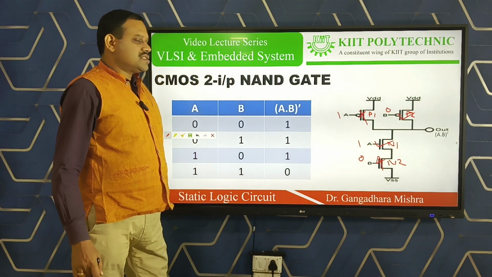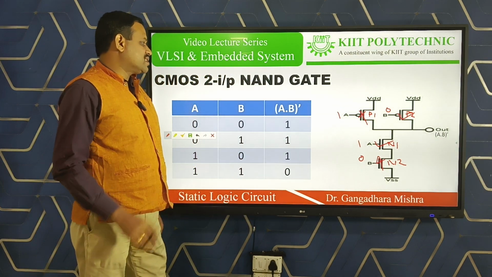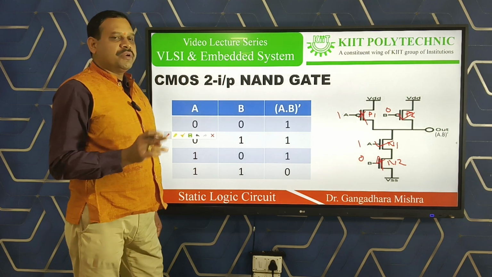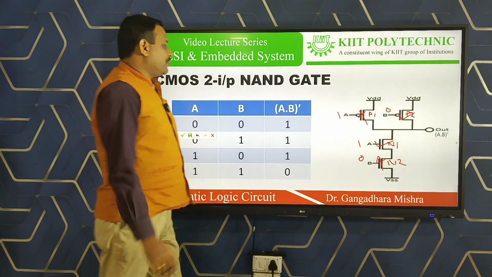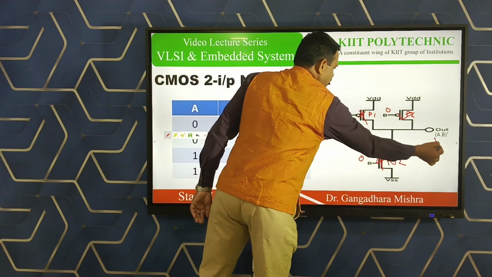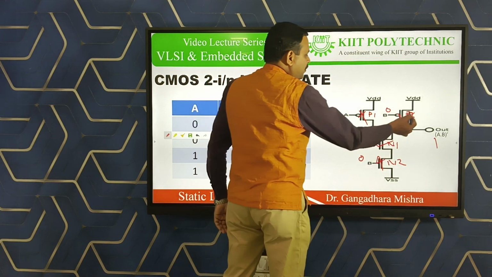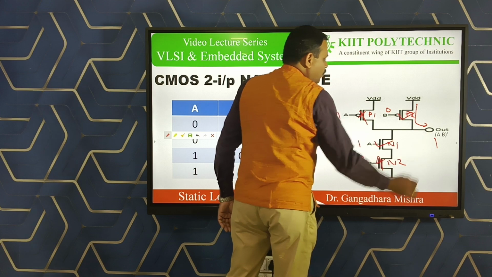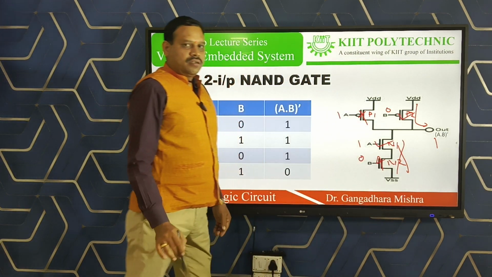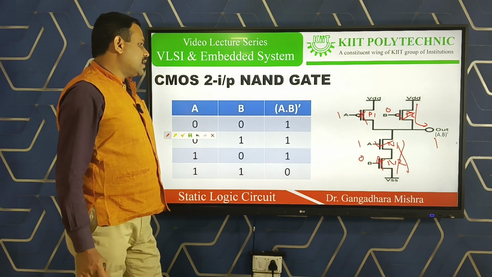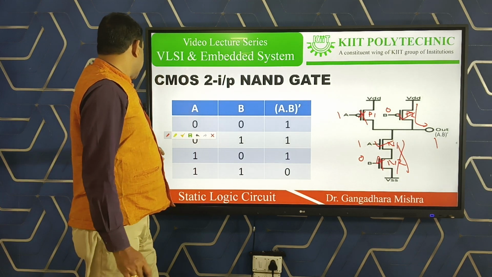Under these operating conditions, as we have seen in the previous case, the output will be driven to the positive VDD supply and it will be at logic 1 state, and the circuit will be completed through P2 to Vout, and the ground path will be cut off. The third condition is also now satisfied.